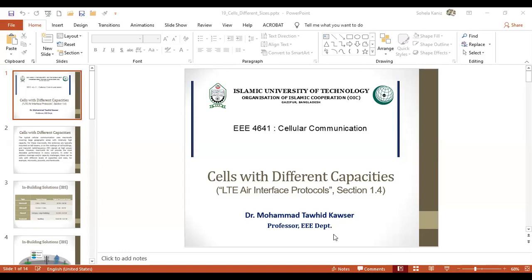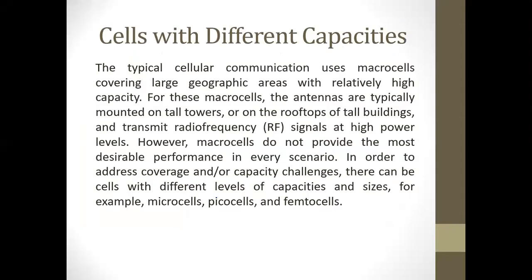There are cells with different capacities; the large cells are called macrocells, where the cell radius is in the order of kilometers.